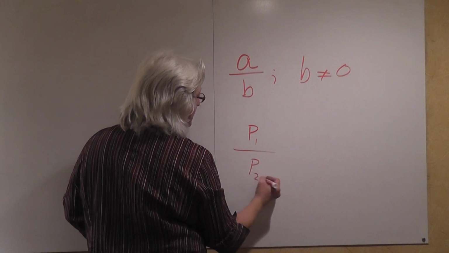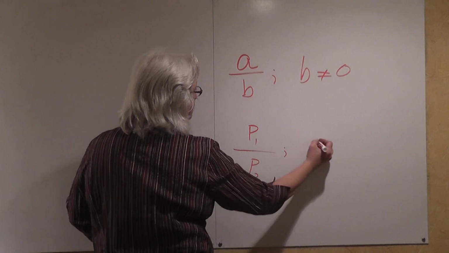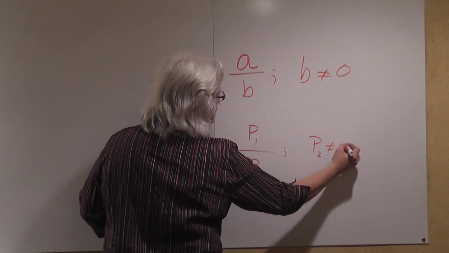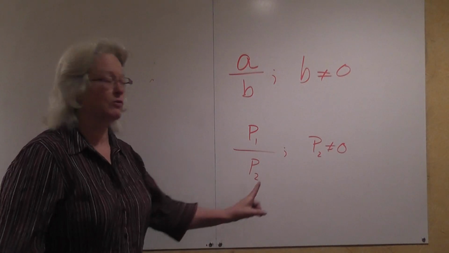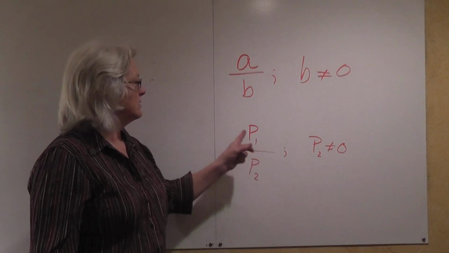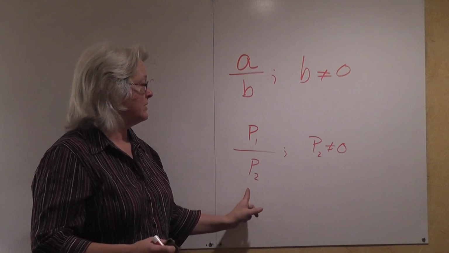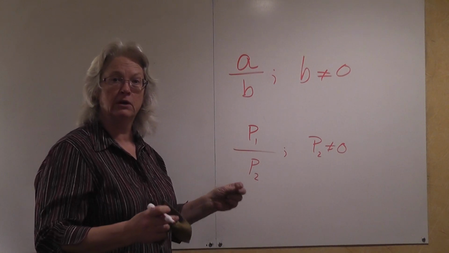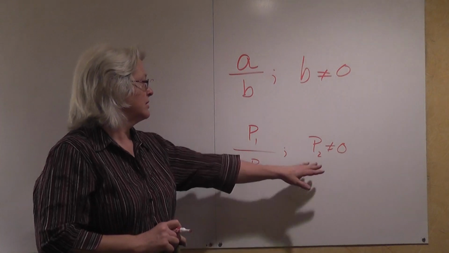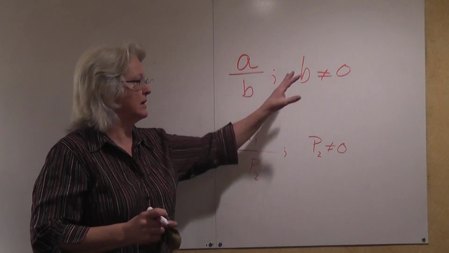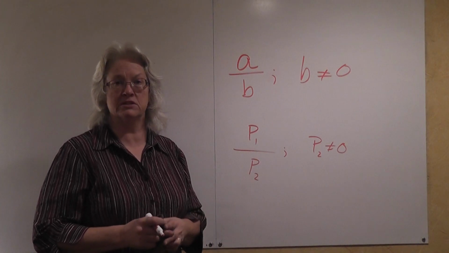We're going to say P1 divided by P2, P sub 2, is our pattern for a rational expression. In the numerator you have a polynomial. In the denominator you have a polynomial. The denominator, that second polynomial, same thing, it can't be equal to 0.